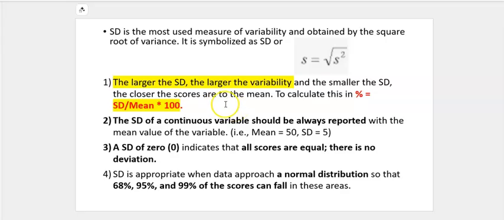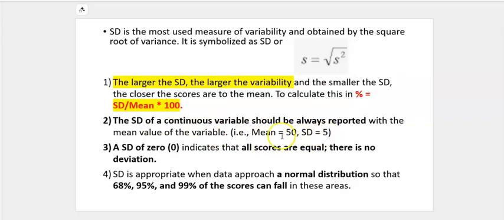When the percentage is higher, that means the distribution has big variability. So we will maybe count on it less, because larger variability means the scores are much more deviated from the mean.